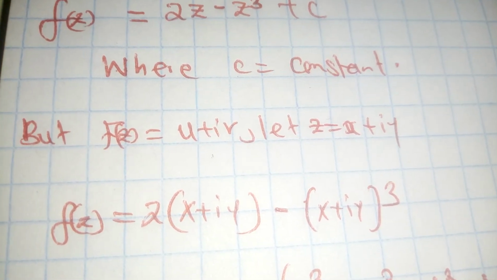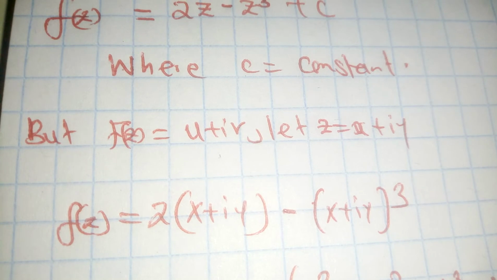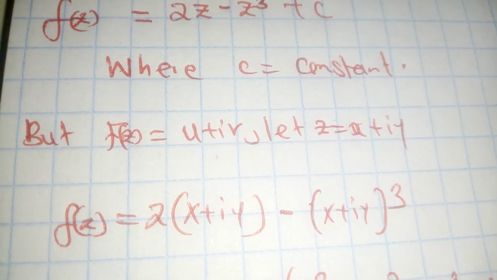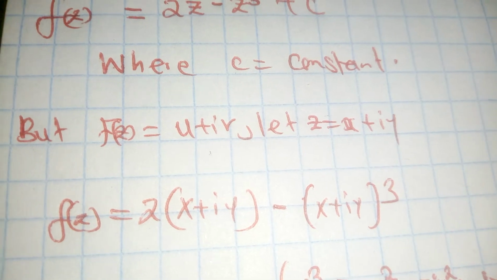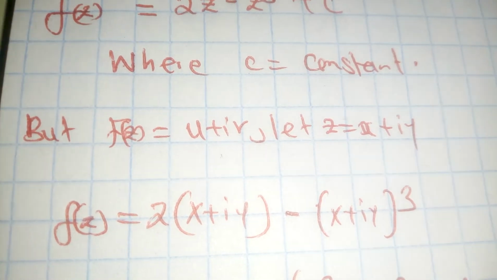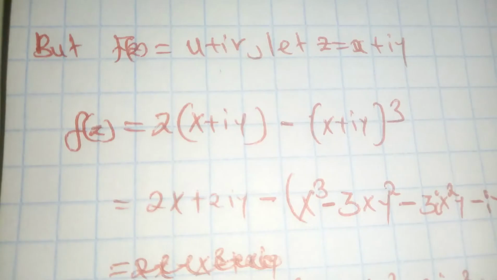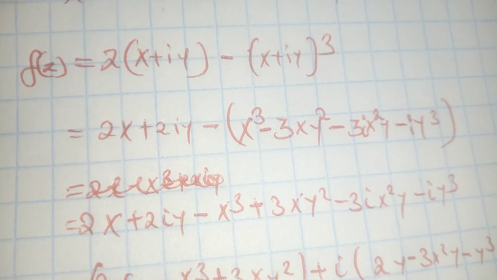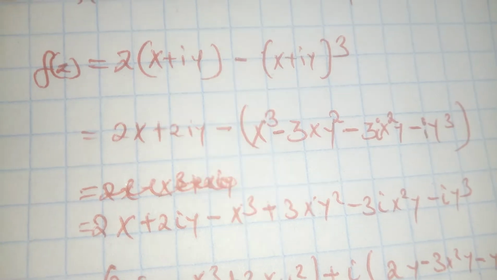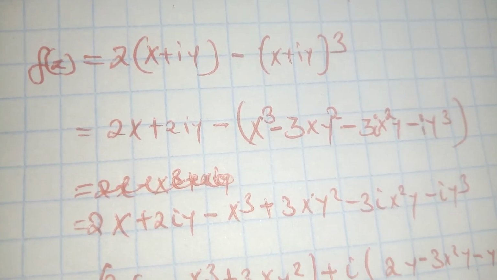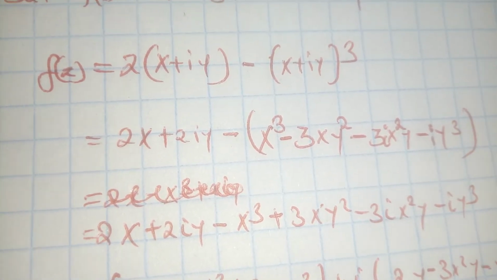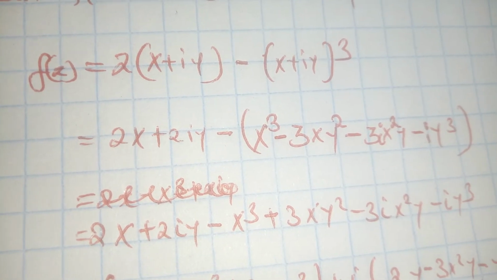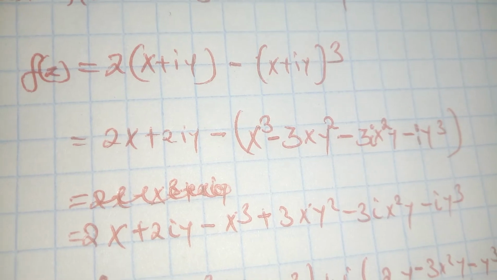Then f of z is equal to 2 into z, which is x plus iy, minus x plus iy cubed. Alright, this will be 2 times x plus iy minus, you expand that one, that is binomial expansion, but the power is 3, the highest powers will have x cubed minus 3xy squared minus 3ix squared y minus iy cubed.